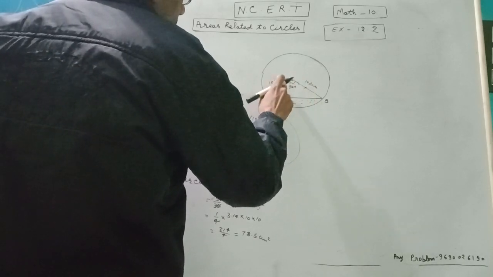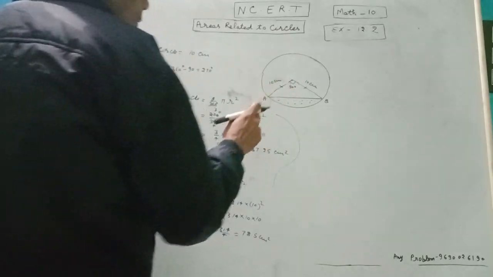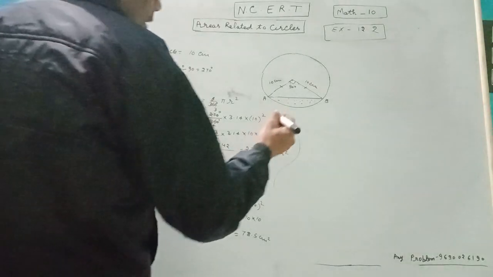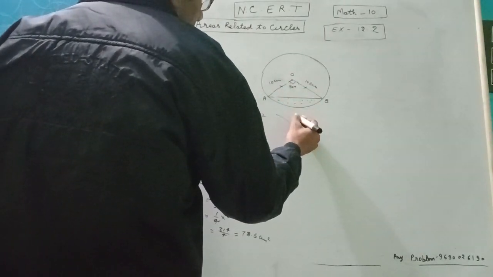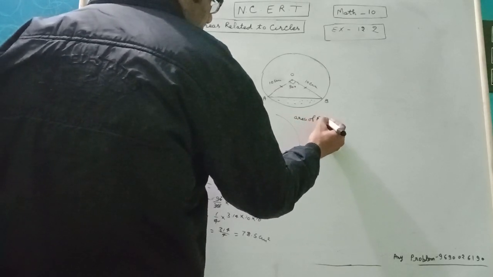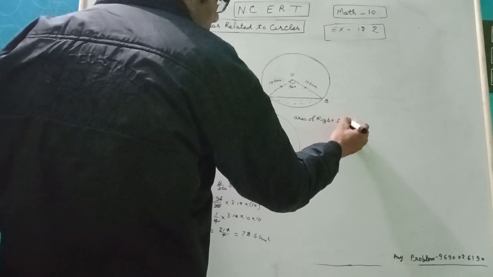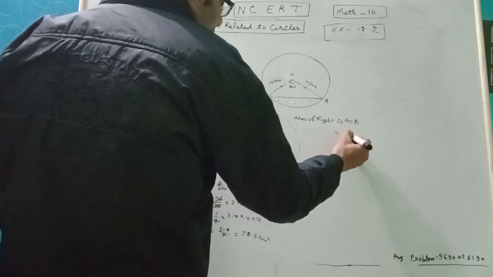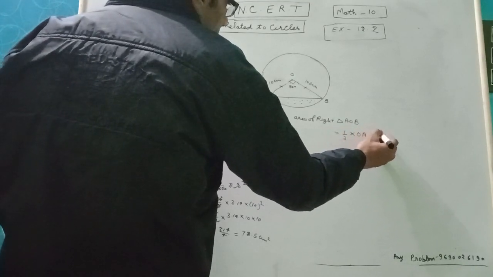To find the dotted part: area of the minor sector minus area of the triangle. The area of right triangle AOB is 1 by 2 into OA into OB.